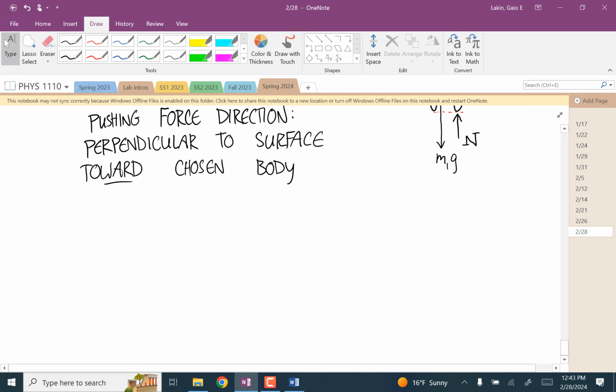And let me draw the free body diagram of the other one too. Okay, so there's a weight force down. That's whatever the mass is times 9.81.